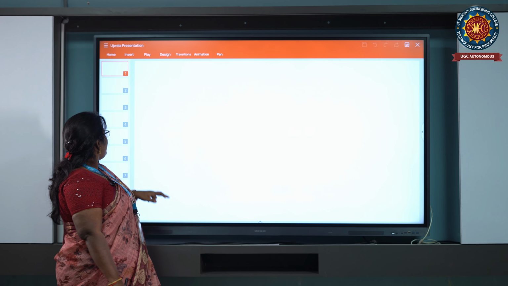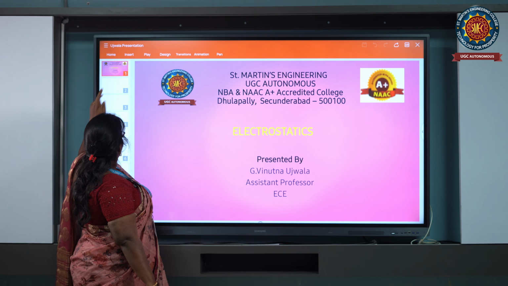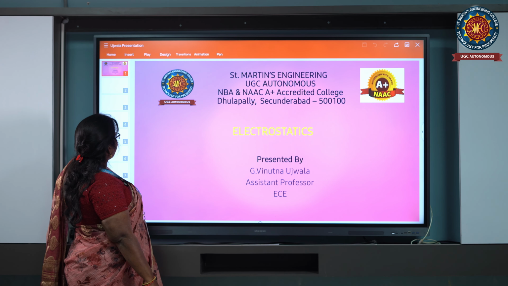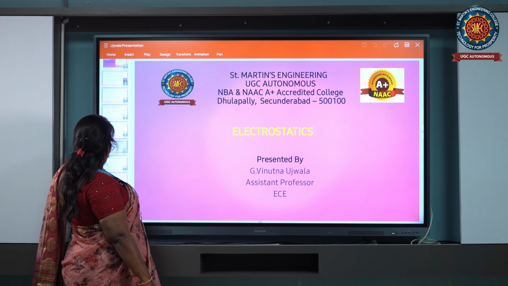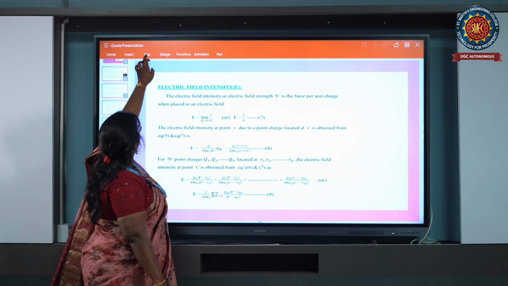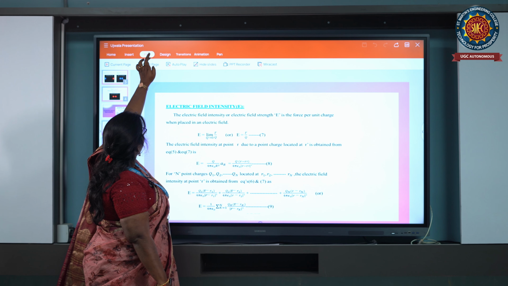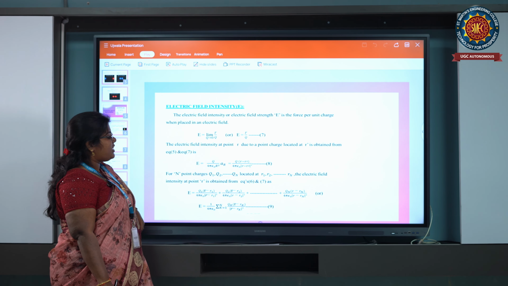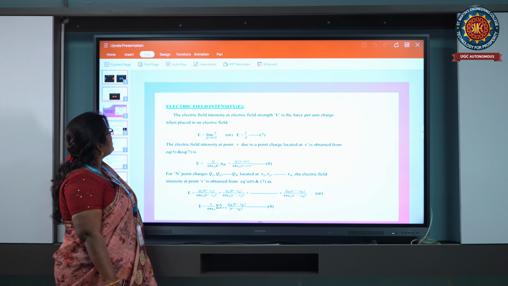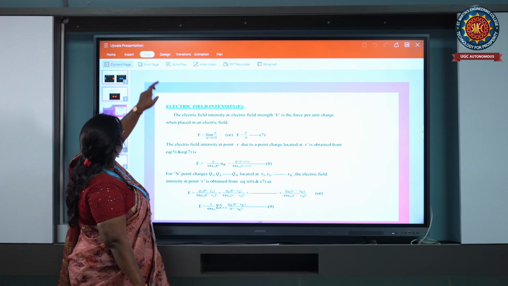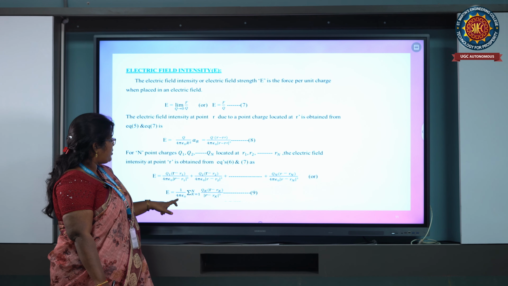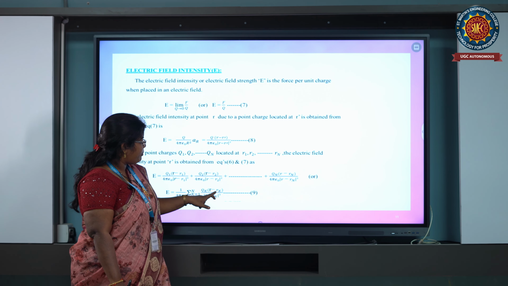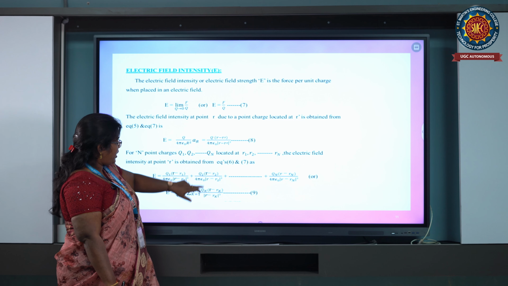This electric field intensity can be generated depending upon the number of charged particles. Okay, so for the electric field intensity with n charge distribution, directly 1 by 4 pi epsilon naught, q_k (r minus r_k) by mod r minus r_k bar.